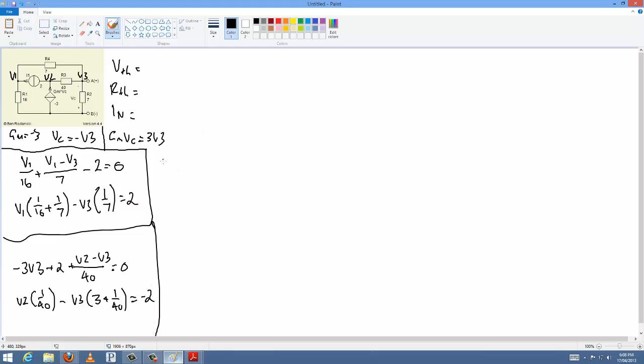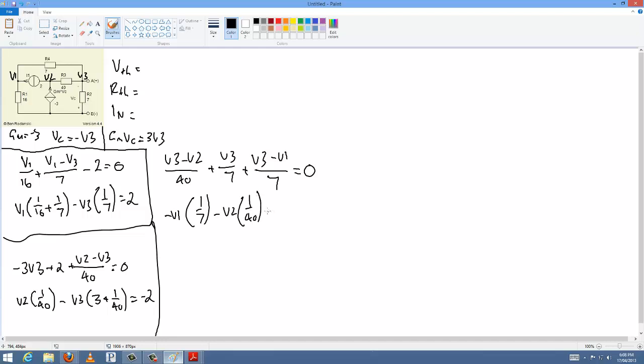Now for our V3 node, we have V3 minus V2 on 40 plus V3 on 7 plus V3 minus V1 on 7 equals 0, gathering like terms, and minus V1, 1 on 7, minus V2, 1 on 40, plus V3, 2 on 7 plus 1 on 40 equals 0.